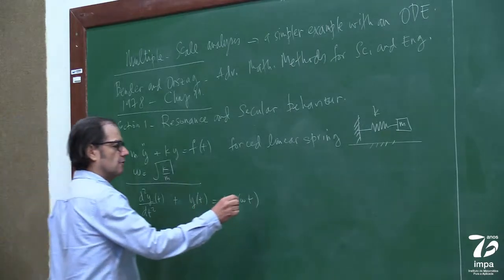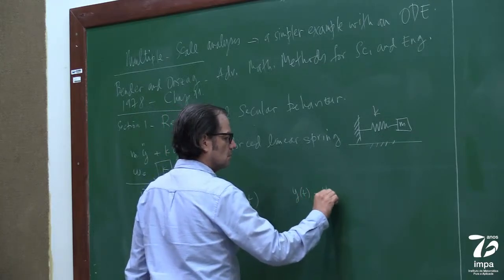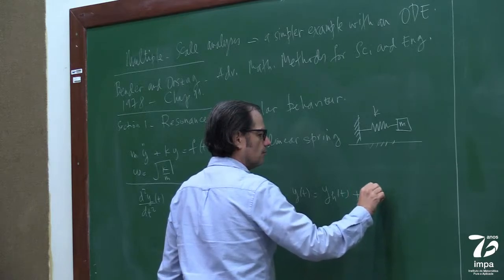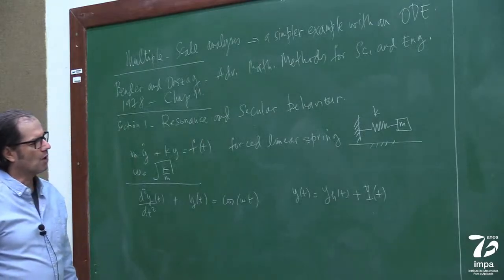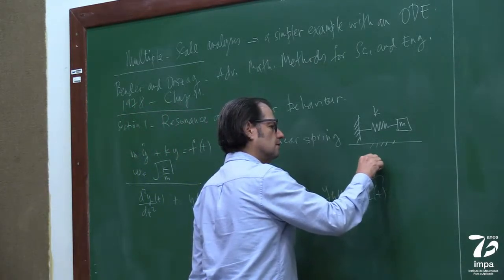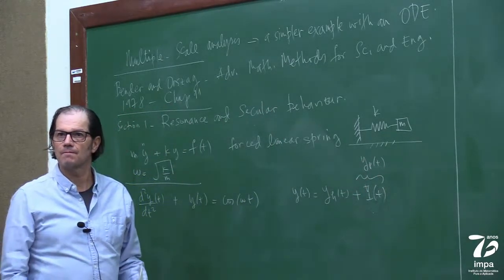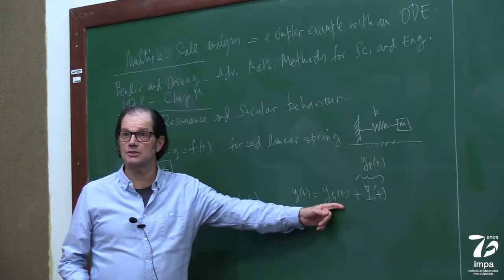So here we have that y of t should be, I think the book uses a capital Y for what sometimes we will write as this. So you see what I'm doing? This is the homogeneous solution, which depends on initial conditions.